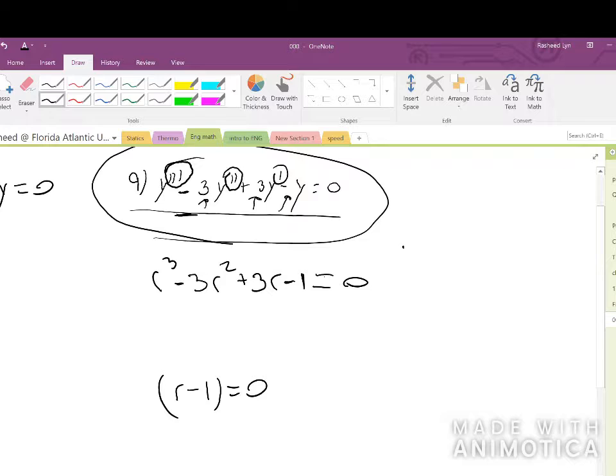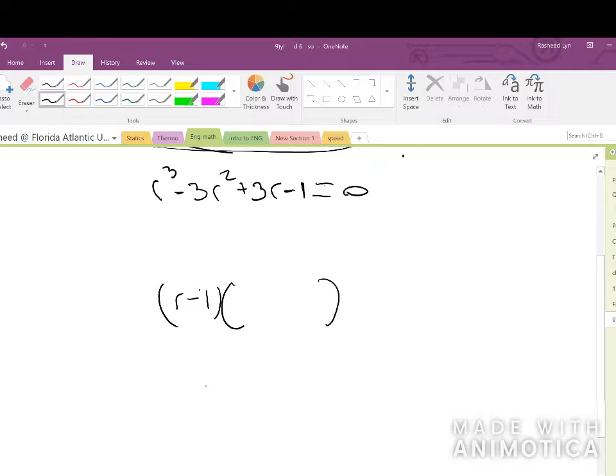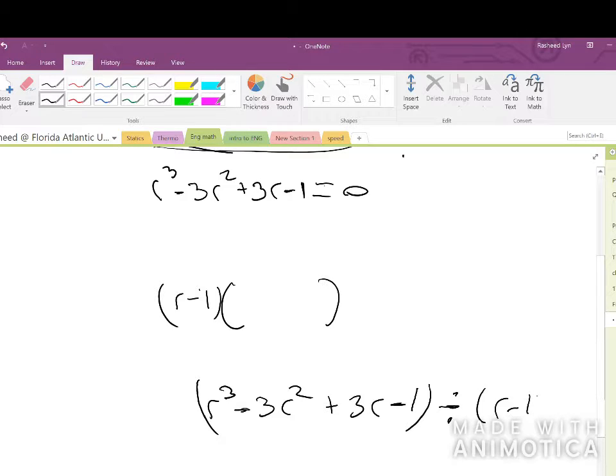In the synthetic division, you write this equation right here, r cubed minus 3r squared plus 3r minus 1. You want to divide that by r minus 1, and that's what you found right here.